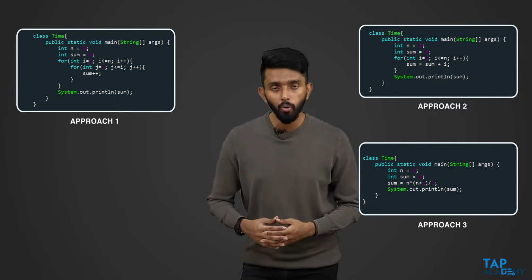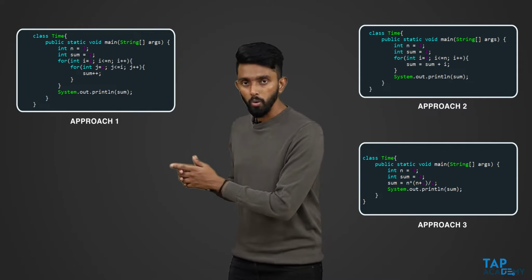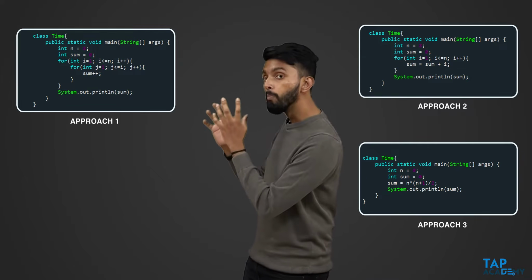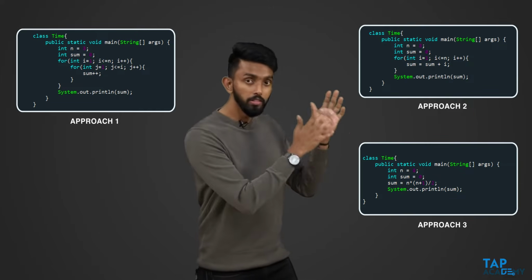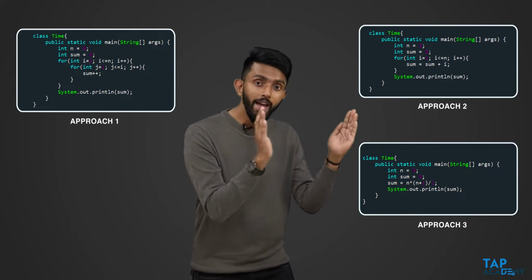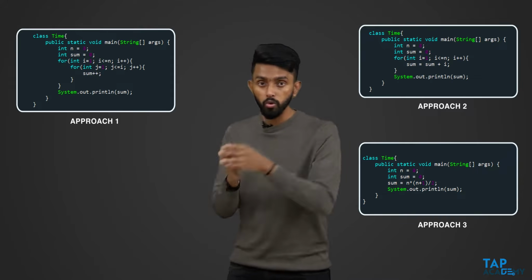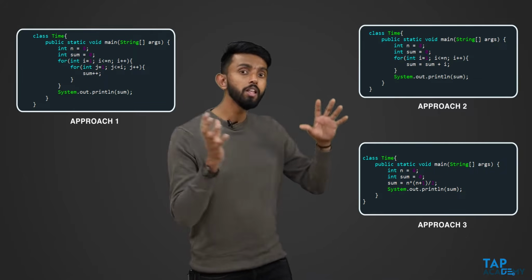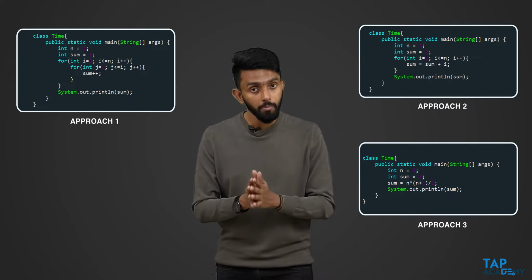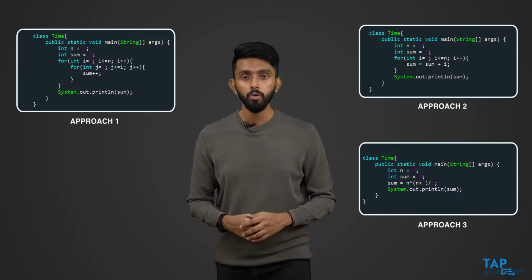But what if I told you that this approach takes more time for the computer to execute? This approach takes way lesser time compared to this approach for the computer to execute. And this approach takes the least amount of time compared to all three approaches for the computer.